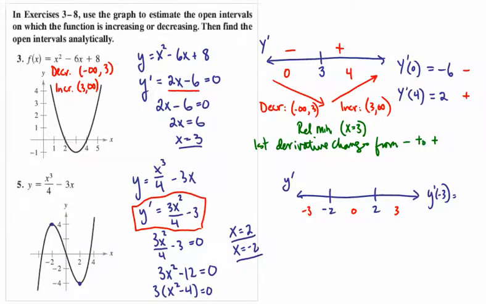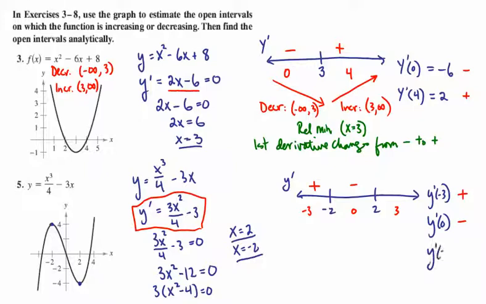You don't need to spend a lot of time figuring it out. You just need to know that it's going to be positive there. Next, when x is 0, then very definitely y prime of 0 is negative. And let's plug in 3 into y prime. When we plug in 3, we get, again, 27 over 4, which is 6 something, so that is going to be positive again.